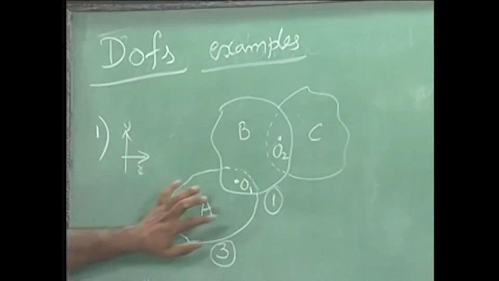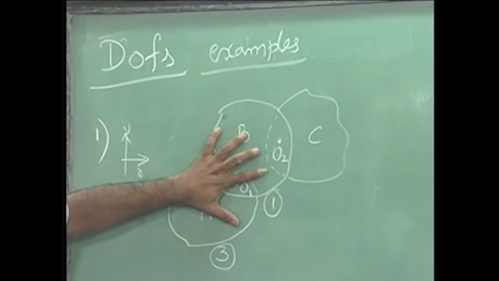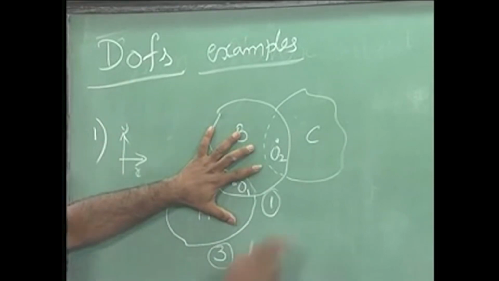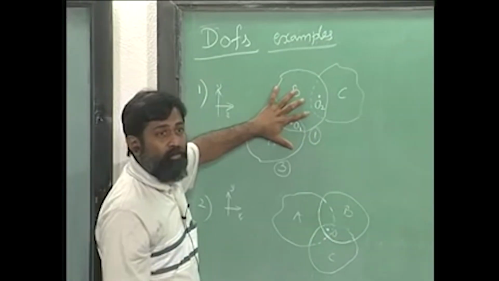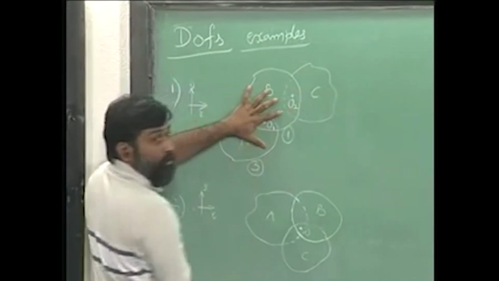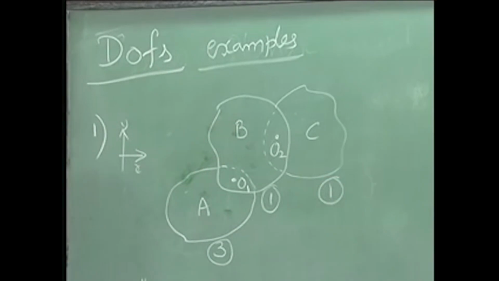Let us fix A as well as B, with respect to the fixed frame of reference, and ask the question how many ways will this body C move. Very simple to answer, it can only rotate about this point O2, which means it has 1 degree of freedom available to it.